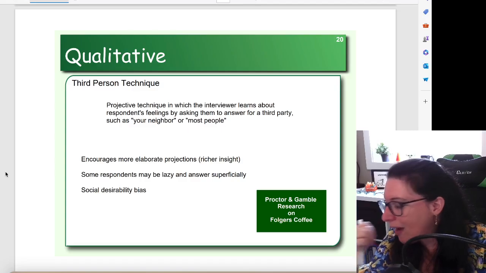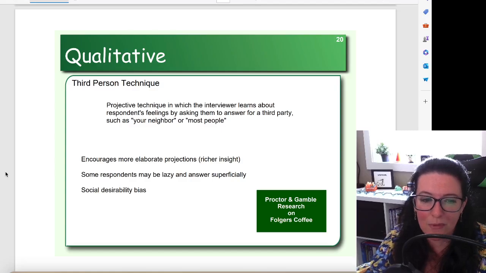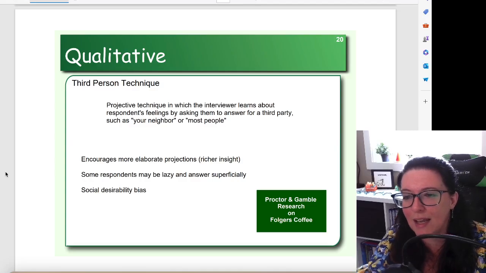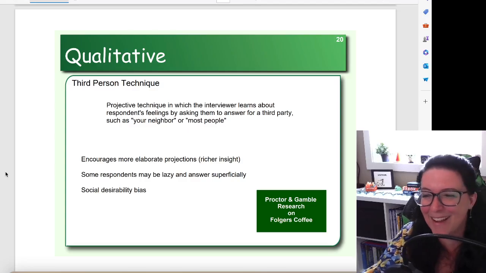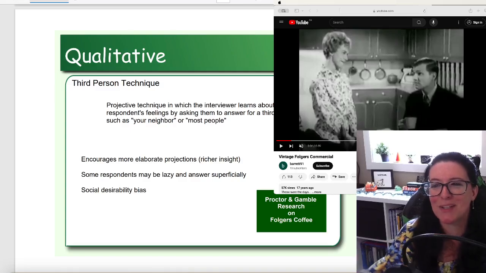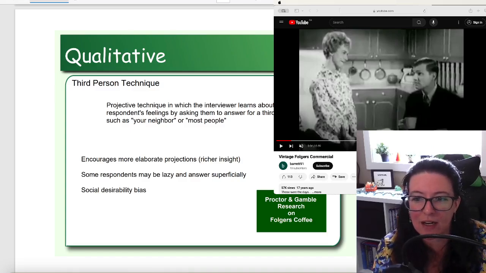An example of a third person technique was Folgers. They had commercials that I should have put the commercial up on the screen. Let me pause for a second. All right, there we go. So here's an ad for Folgers. So in the 1950s, Folgers coffee had a number of ads like the one you see here.